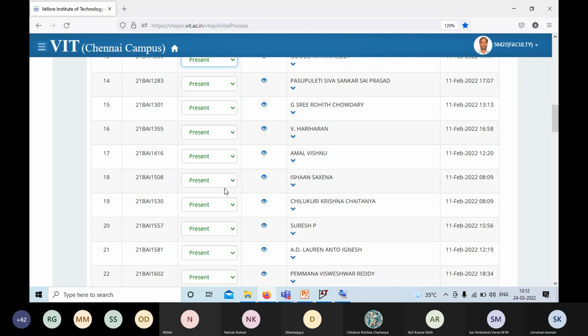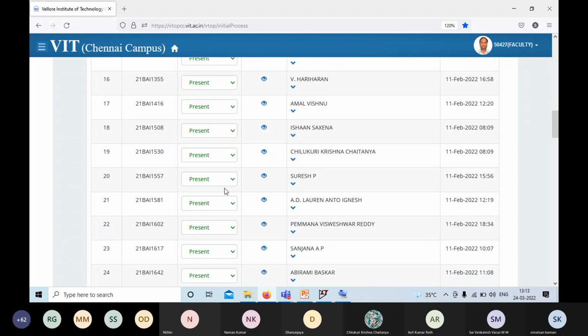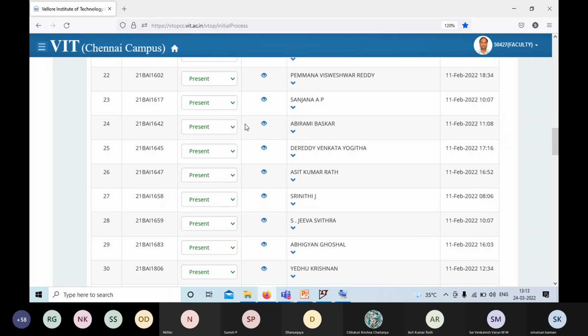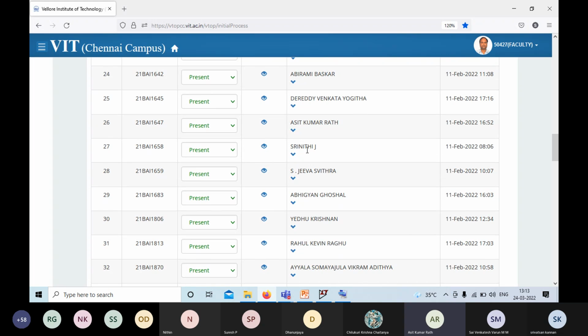Hariharan, Present, sir. Amal Vishnu, Present, sir. Ishan Saxena, Present, sir. Krishna Chaitanya, Present, sir. Suresh, Present, sir. Vishweshwar Reddy, Present, sir. Sanchana, Present, sir. Abhirami Bhaskar, Present, sir. Venkata Yogita, Present, sir. Ashit Kumar, Present, sir.